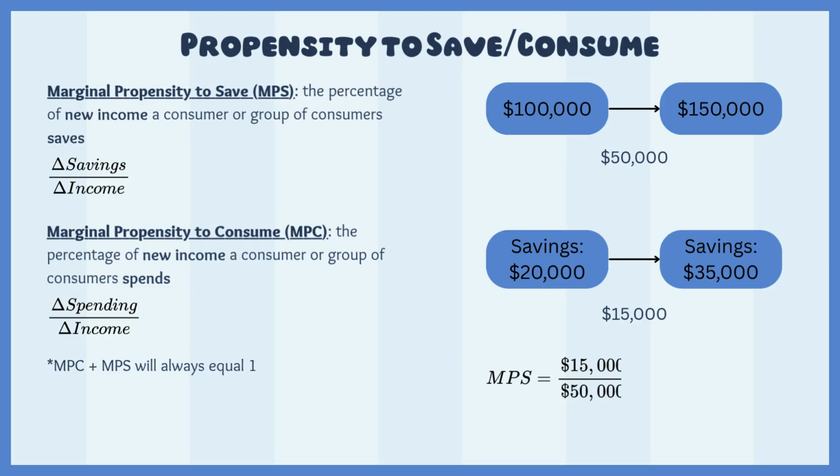Plug that into the equation and you get a marginal propensity to save of 0.3. This means the person saved 30% of their marginal income. And since marginal propensity to save plus marginal propensity to consume equals 1, we can figure out the marginal propensity to consume by subtracting the marginal propensity to save from 1, which gives us 0.7.